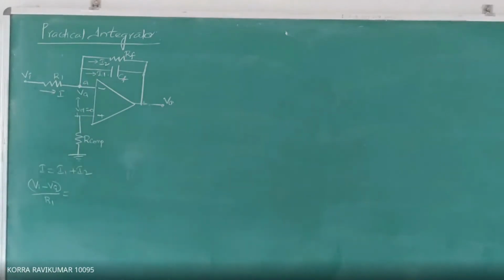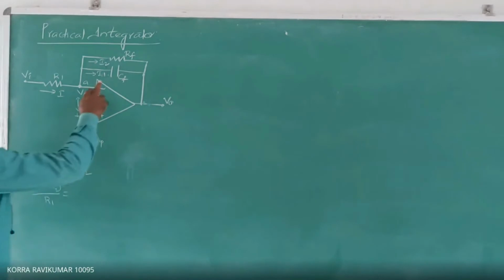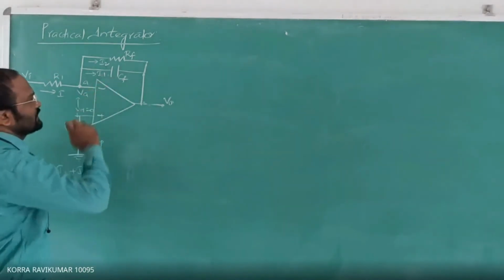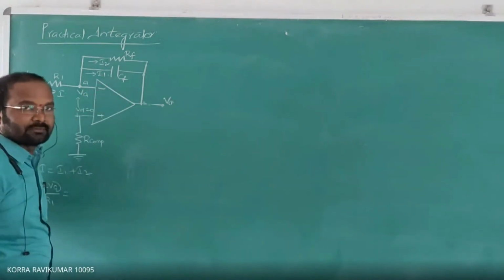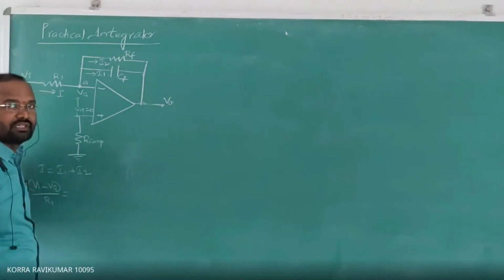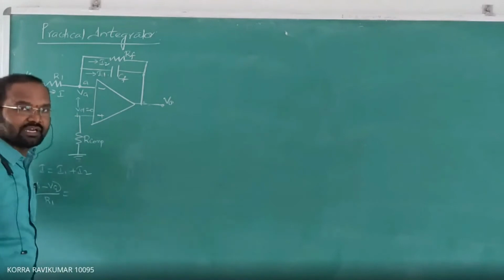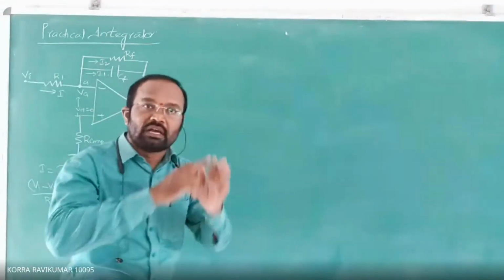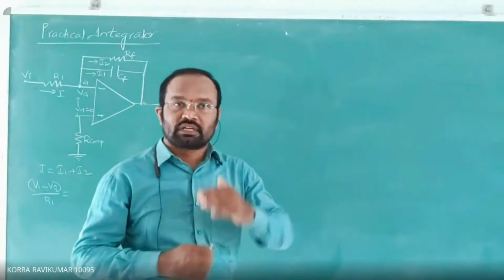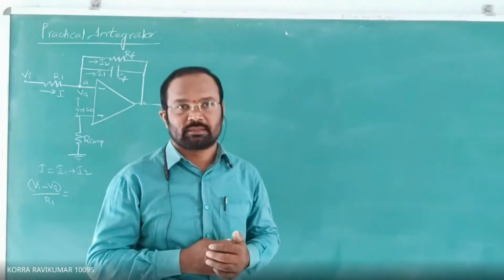What is the equation for I1? The current flowing through the capacitor is I1. How to write that? In the previous class, we discussed the capacitor and derived the relation for the current flowing through it.